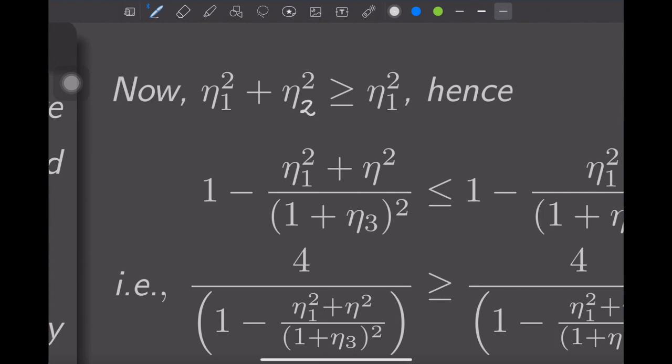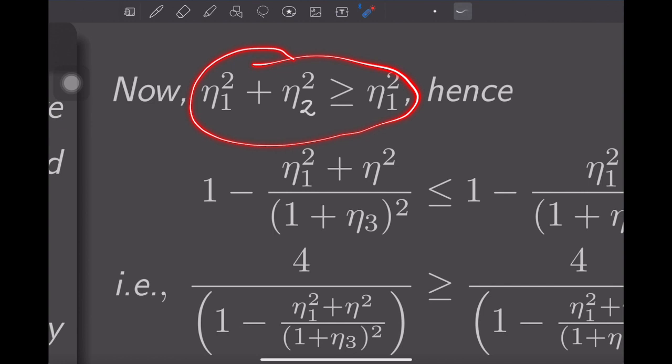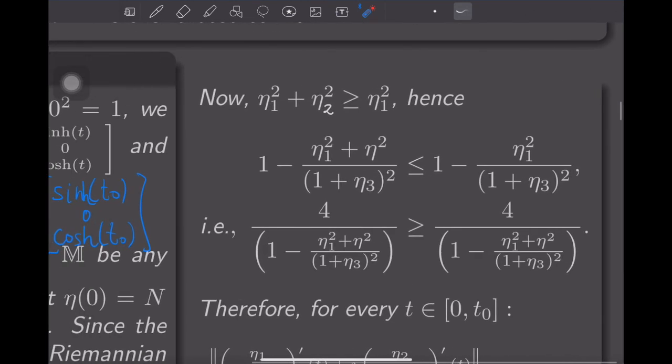And so of course I have this inequality, so that's obvious. So what does that mean? I can just divide by whatever positive. So I divide by 1 plus eta 3 square, both sides, and then the inequality is preserved.